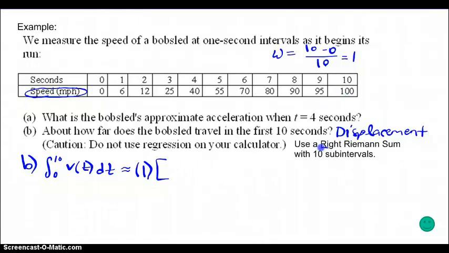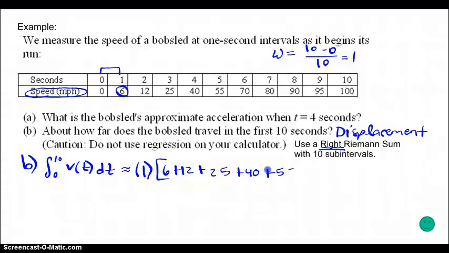Now, this is important. Don't forget this. We're going to use right Riemann sums. So for every rectangle, here's one rectangle. It starts at 0 and stops at 1. There's one rectangle. The height is going to come from the upper right-hand corner of that rectangle because this is a right Riemann sum. So our heights are going to be height 1 is 6, height 2 is 12, height 3 is 25, height 4 is 40, and so on.